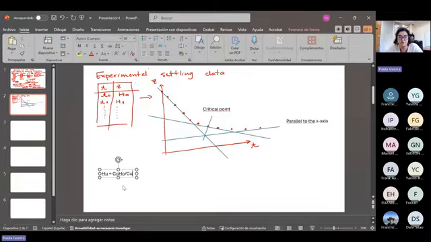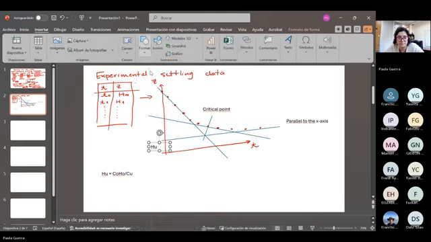Remember that these are all parameters that we already know. So then I'm going to locate HU over here on the y-axis.